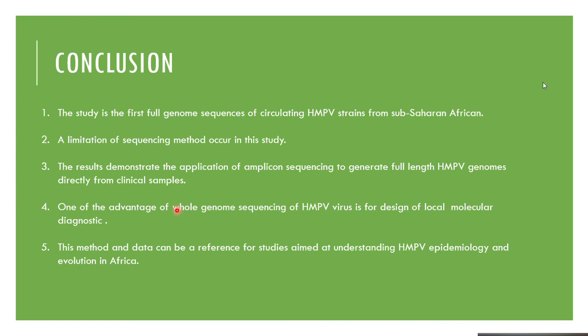One of the advantages of whole genome sequencing of HMPV is for the design of local molecular diagnostics. The methods and data can also be a reference for studies aimed at understanding HMPV epidemiology and evolution in Africa.